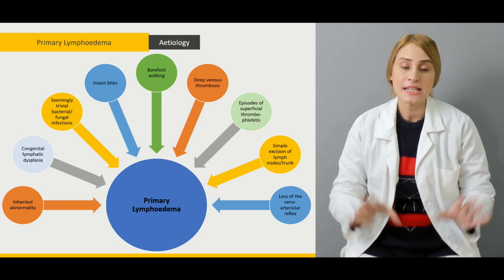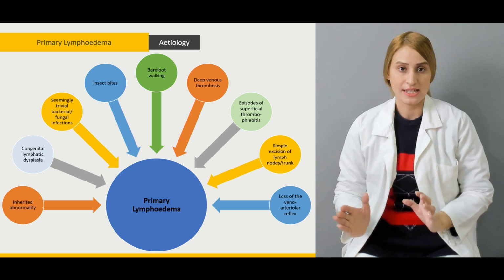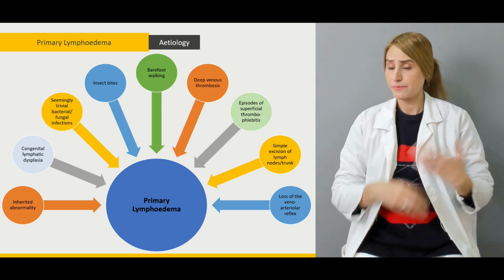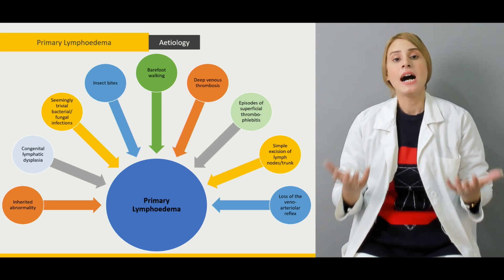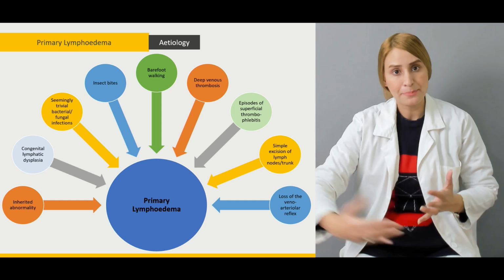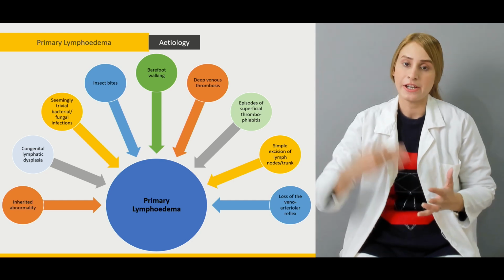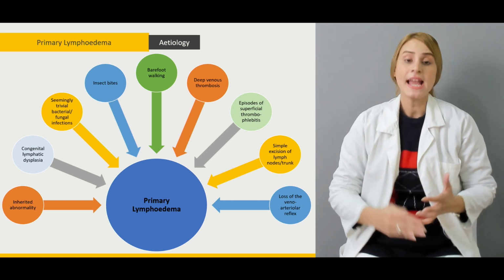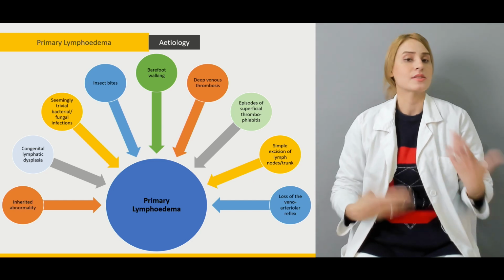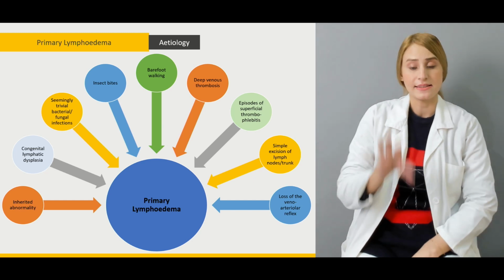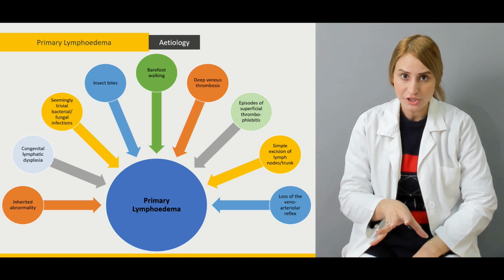So whenever this veno-arterial reflex is lost, whatever the reason may be, there would be back pooling of the lymph into the lower limb channels, their drainage would be affected, and obviously there would be stasis.